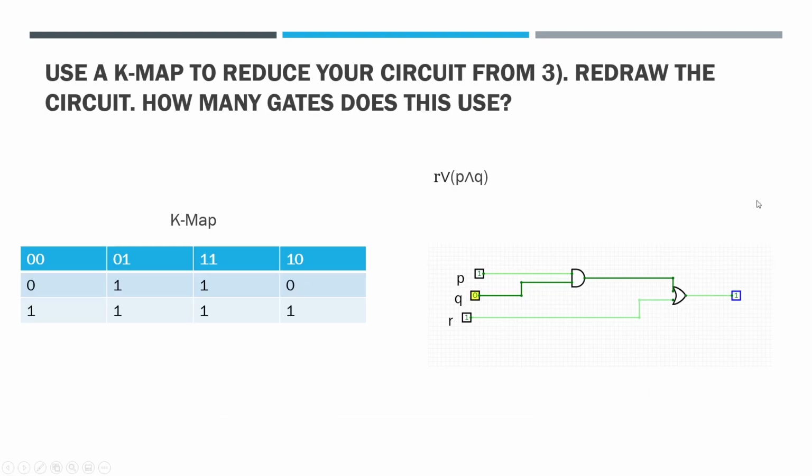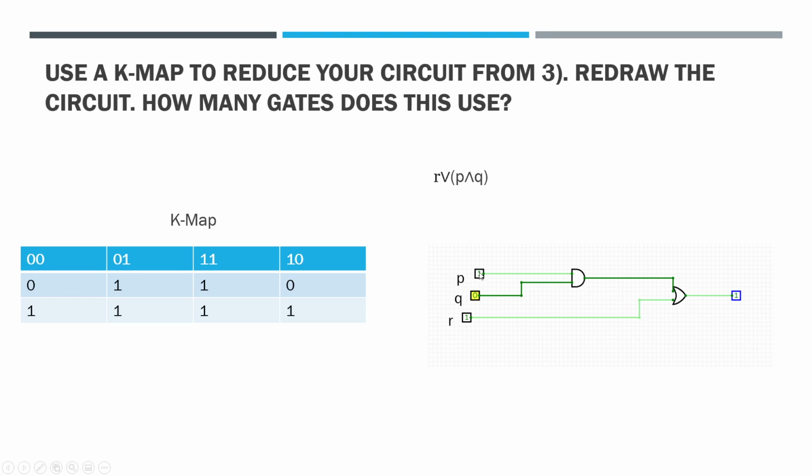For our next question, we were asked to use a K-map to reduce the circuit from question 3. We had to redraw the circuit and determine how many gates we used once it was simplified. Here in the K-map, we have Q and R on the top, and these are the P values. Here I have the circuit, which is an OR and AND gate.